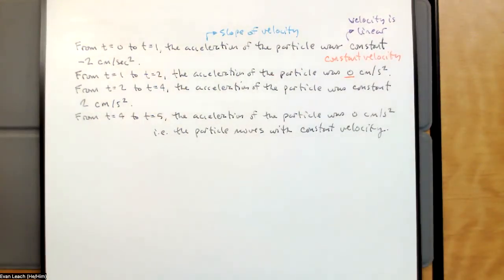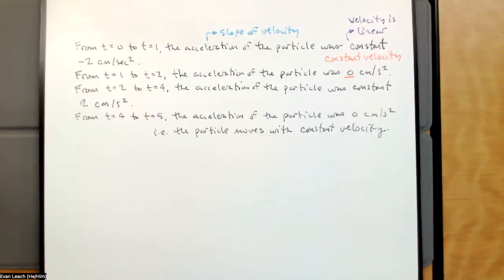So when you say constant velocity, you're saying acceleration is 0. With all this information, we can get a pretty good picture of what's going on with the particle.